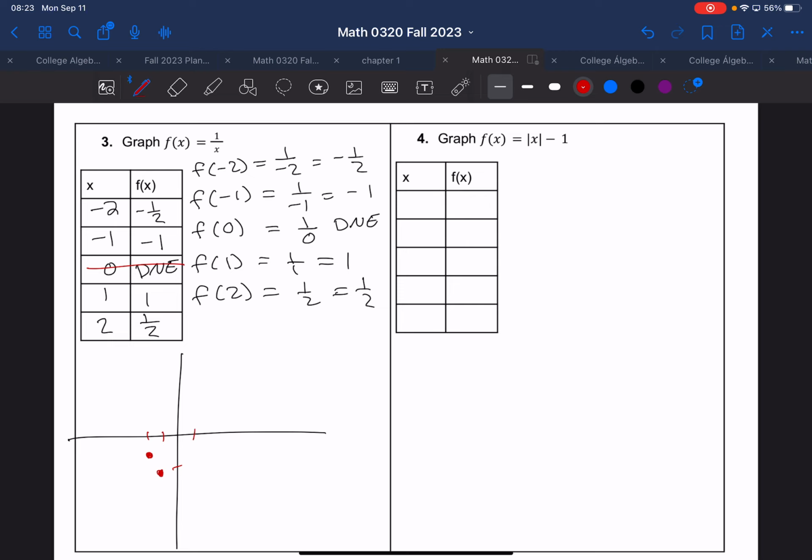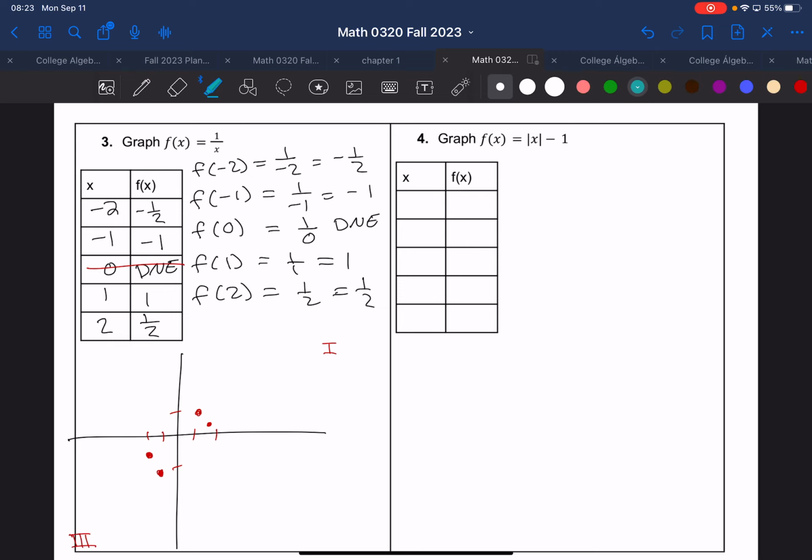And then 2, 1/2. If we did not know what this function was, we would not know how to use those points. But since we know this is going to be a reciprocal function, we know that we're going to have a graph in the first quadrant and a graph in the third quadrant.